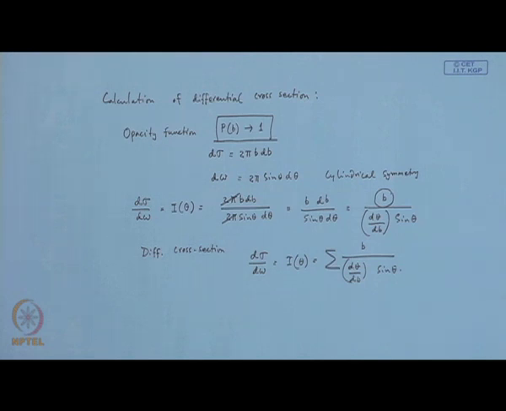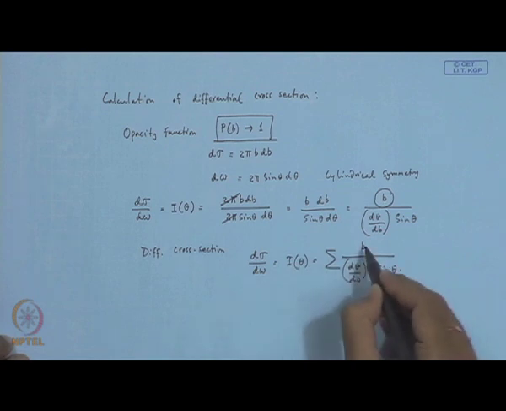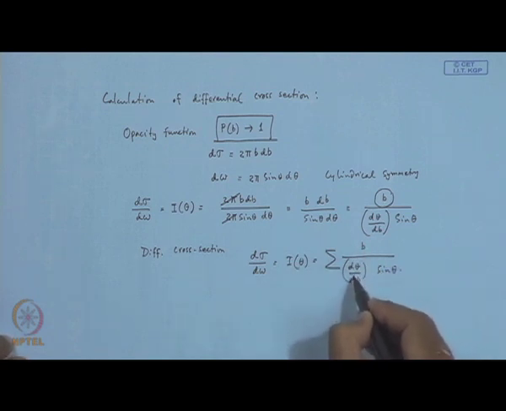So several interesting aspects may be obtained from here. In one case, you see that the differential cross section depends on b, but in the denominator you have dB d theta and sin theta.